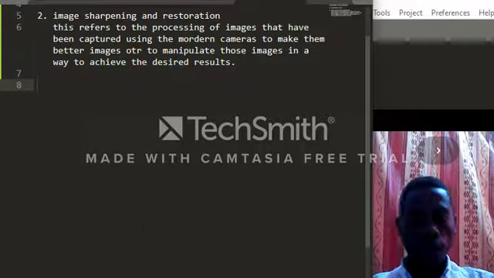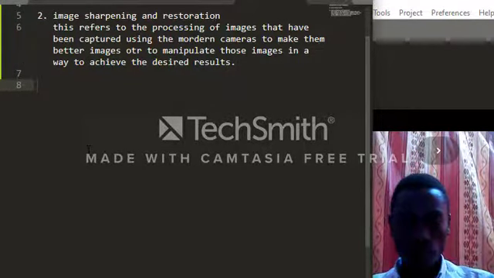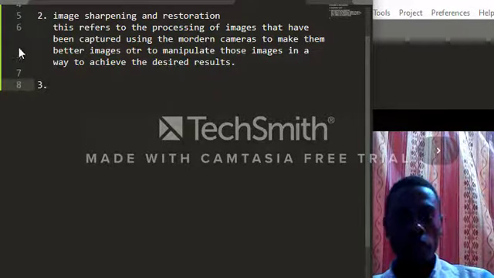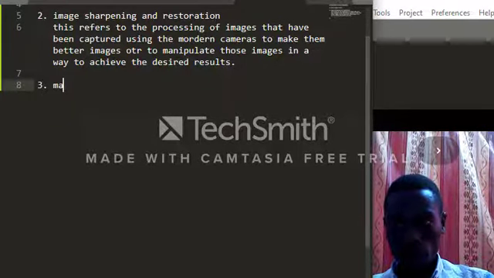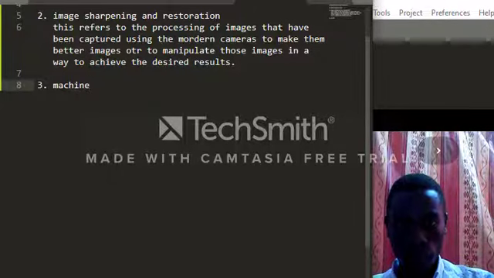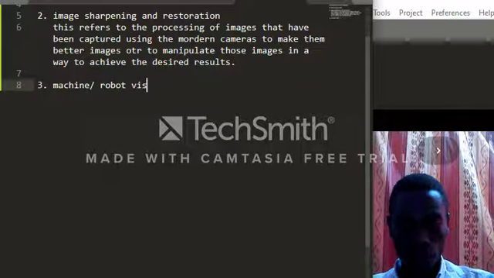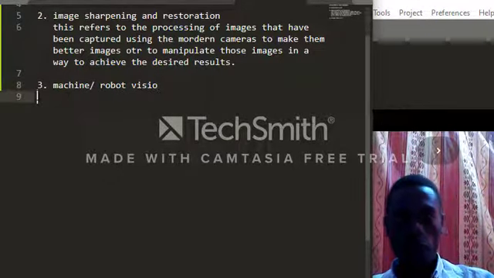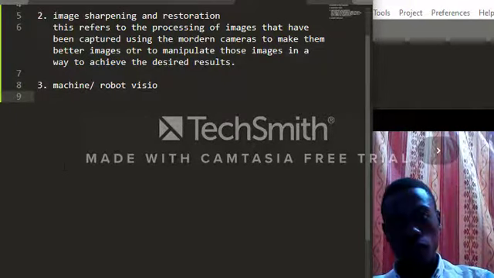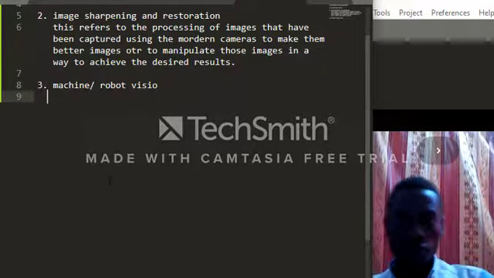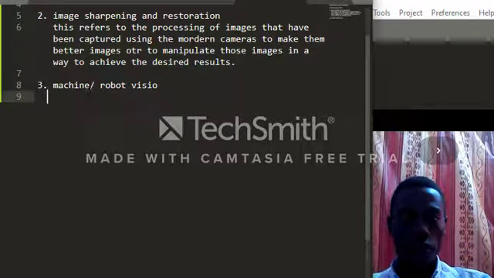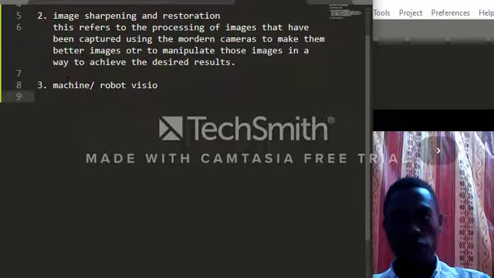And the third application of image processing is machine or robot vision. Let's talk about how it can be applied in machine or robot vision.